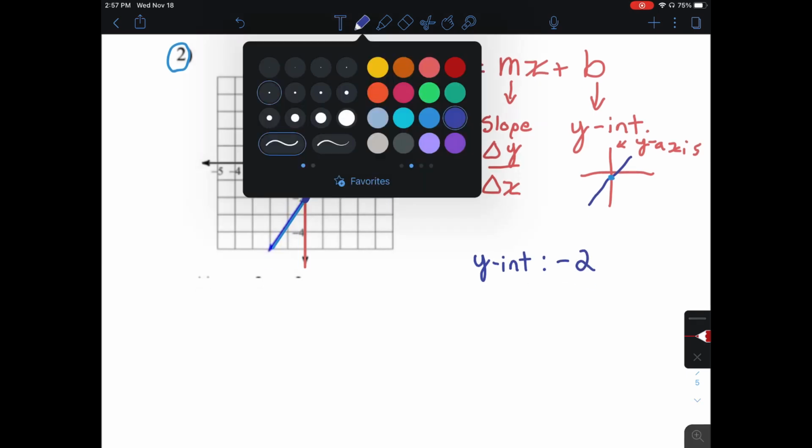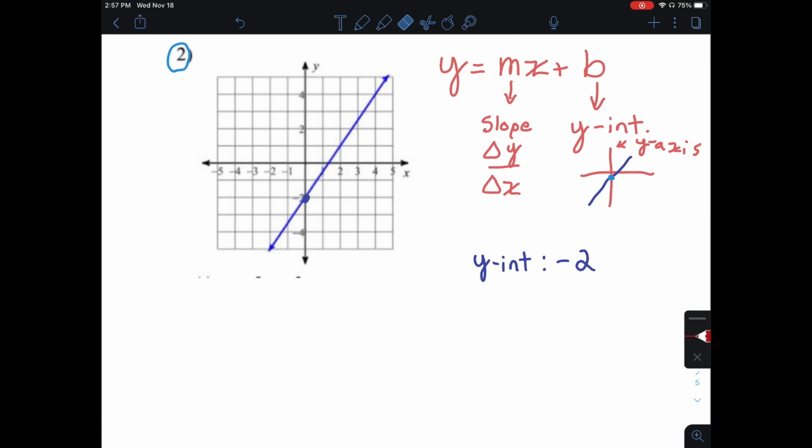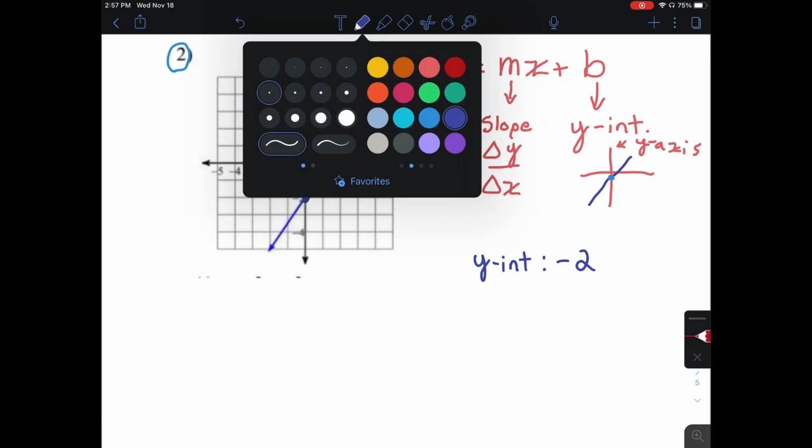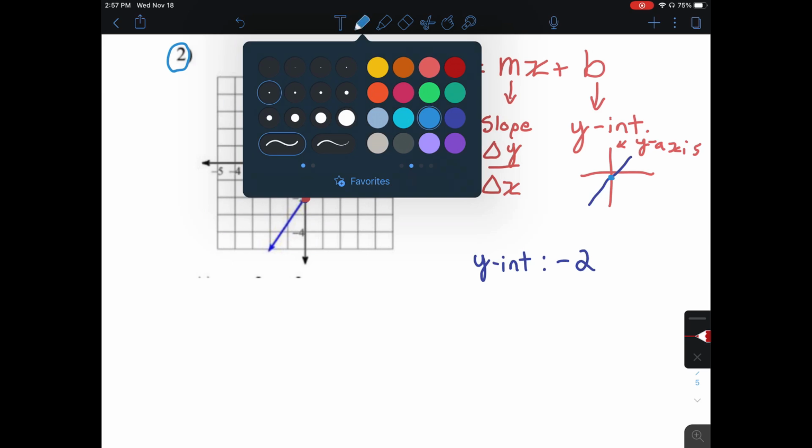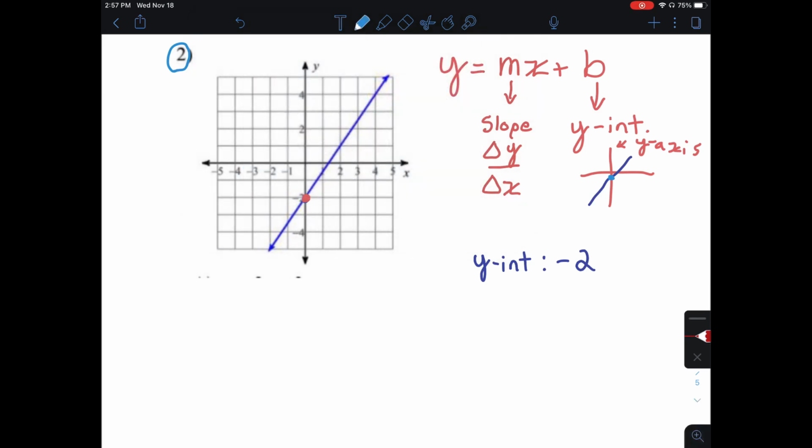Now we need to find our slope. Let's get rid of this. That's our point, so I'll put it in a different color, since it looks the same as the graph. Now we need to find 2 coordinates on this graph. The coordinate has to be an integer.